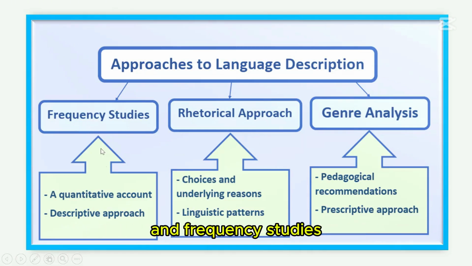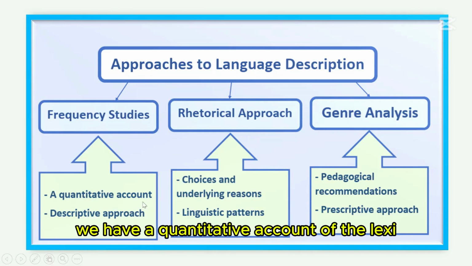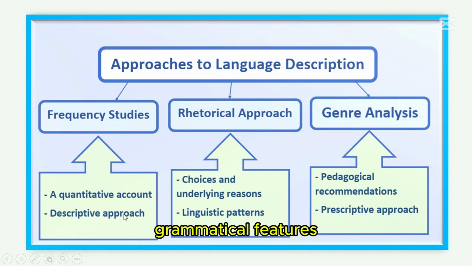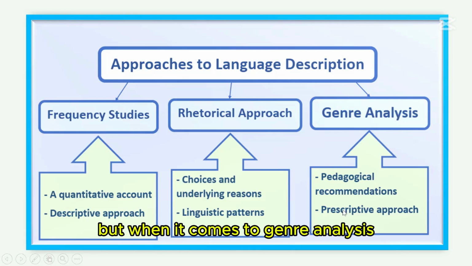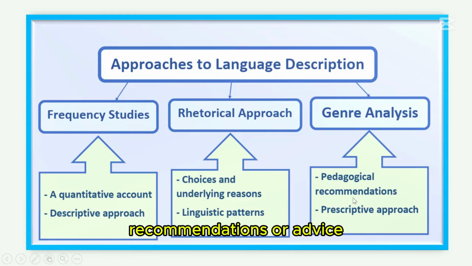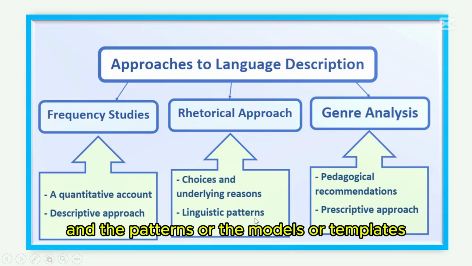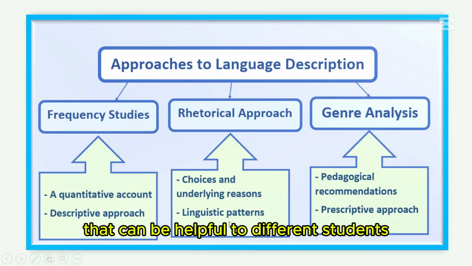In frequency studies, we have a quantitative account of the lexicogrammatical features, which is just a descriptive approach. But when it comes to genre analysis, it becomes a prescriptive approach. It means that we have pedagogical recommendations or advice. And in rhetorical approach, we talk about the choices and the reasons for those choices and the patterns or the models or templates that can be helpful to different students.